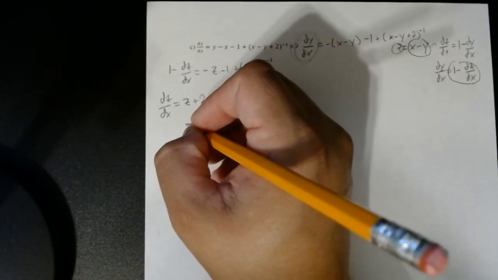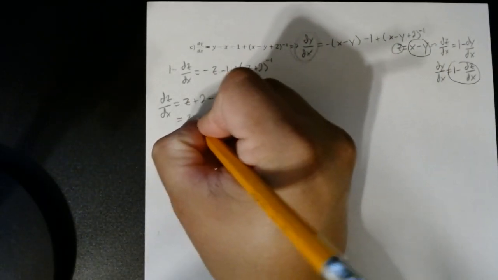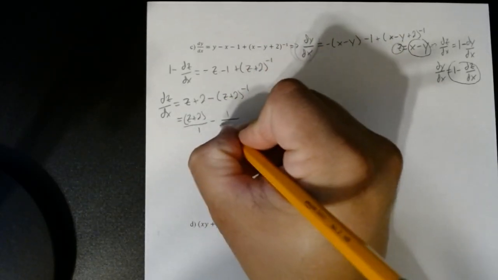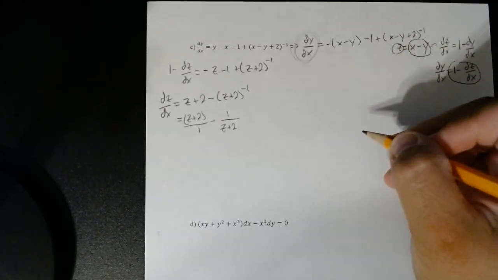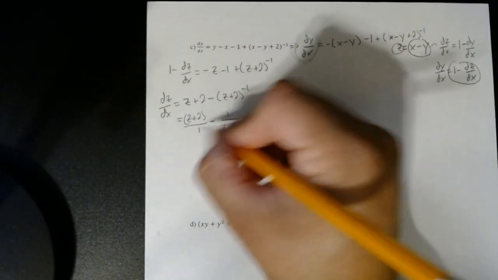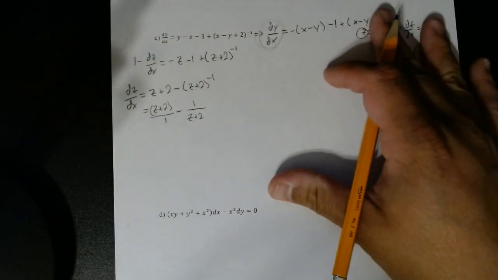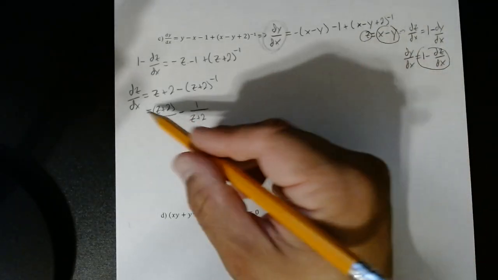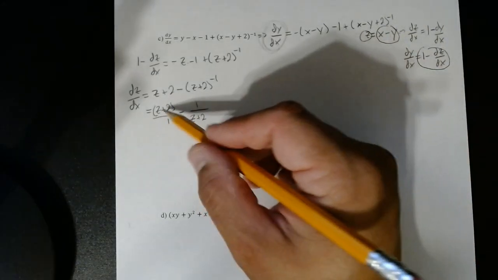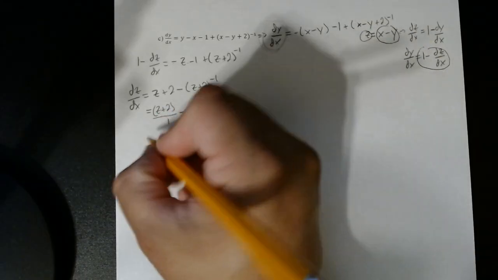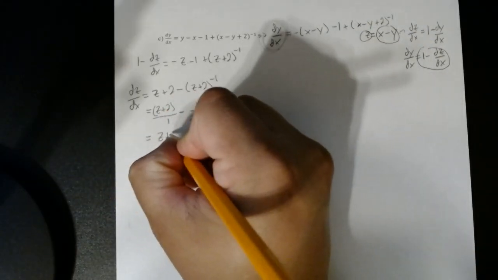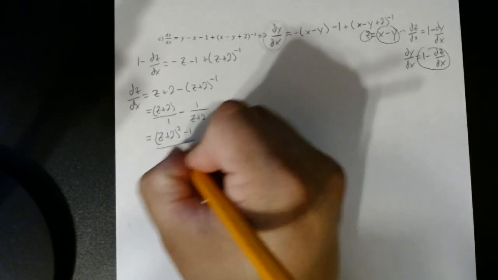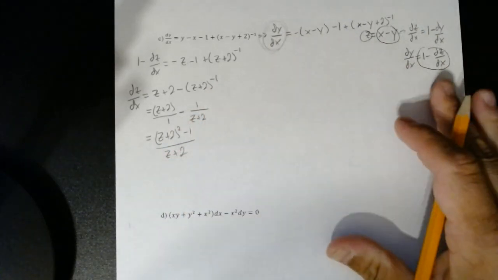So remembering that, I'll keep this in parentheses, it's over 1 minus 1 over all of this. So I could technically put these together by just common denominators. In this case, our common denominator will be just z plus 2. So multiplying top and bottom by z plus 2 and this by 1, we're just basically squaring it. It gives us that.